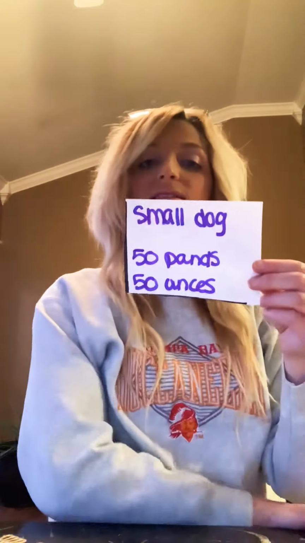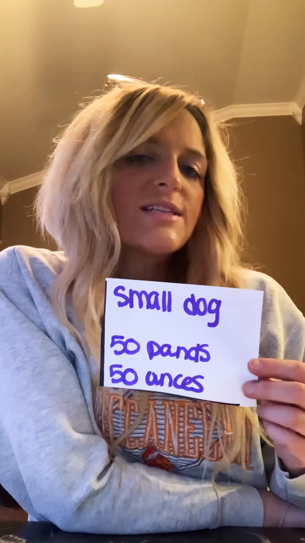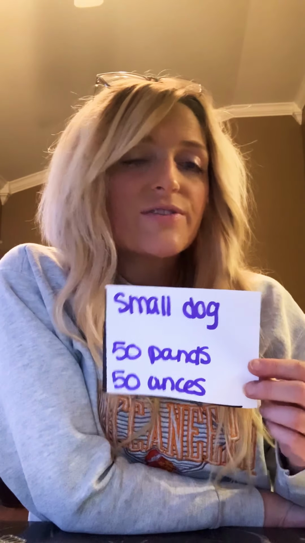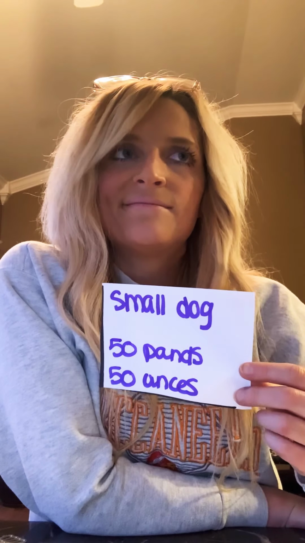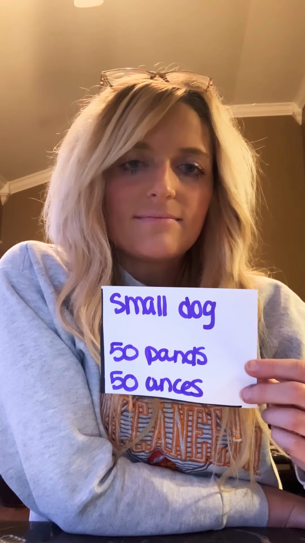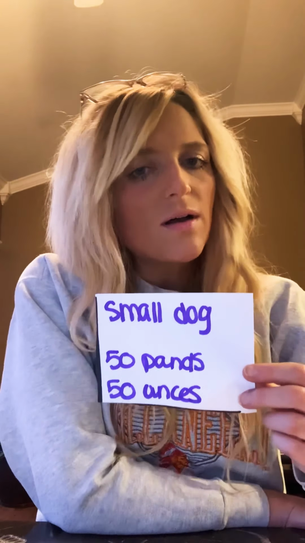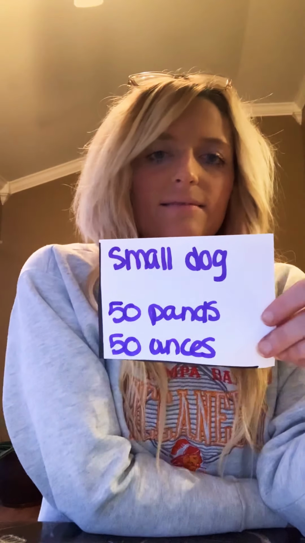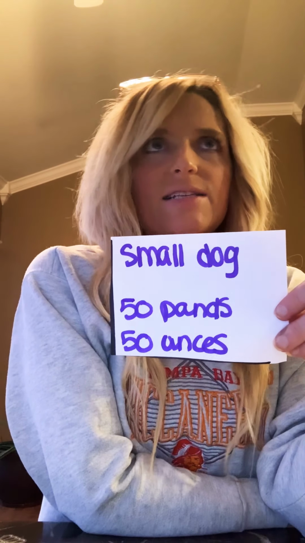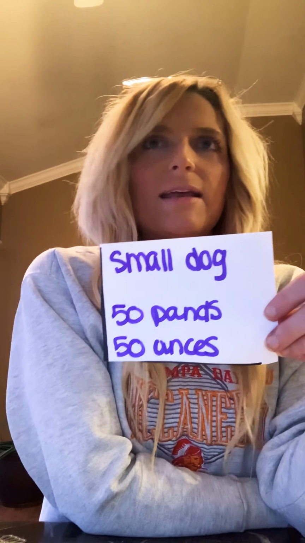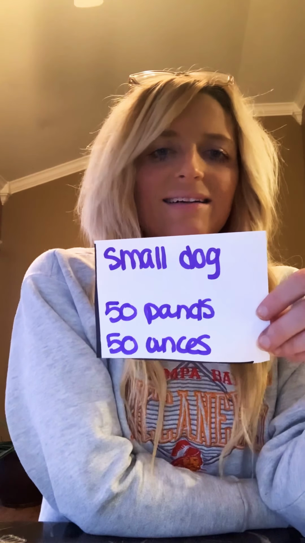Okay, and now we have a small dog. Would a small dog be about 50 pounds or 50 ounces? Even though it's a small dog, 50 pounds or 50 ounces? Maybe not a Chihuahua, maybe like a medium-sized dog.